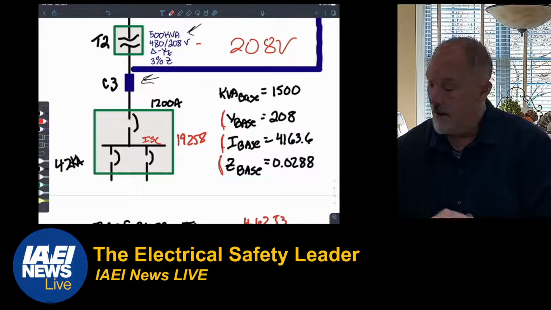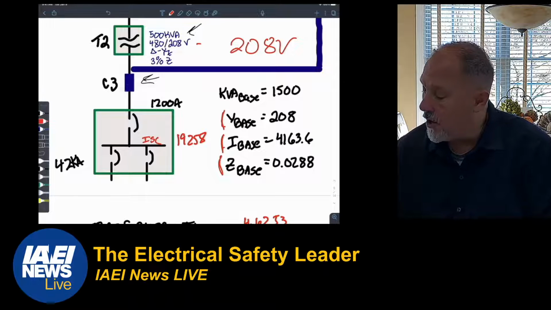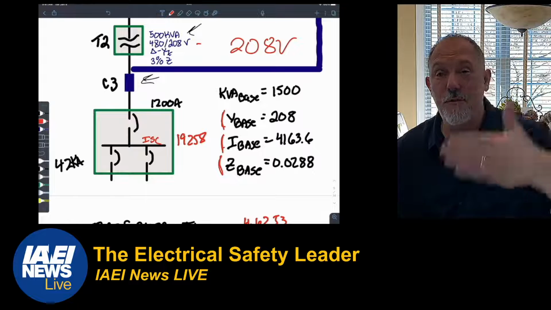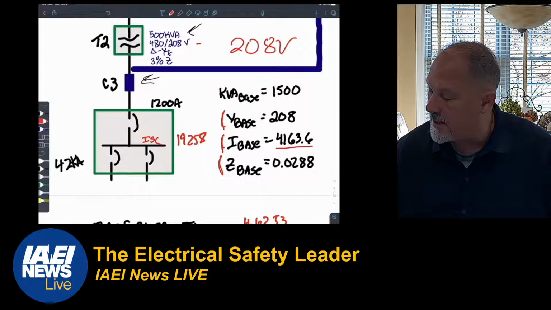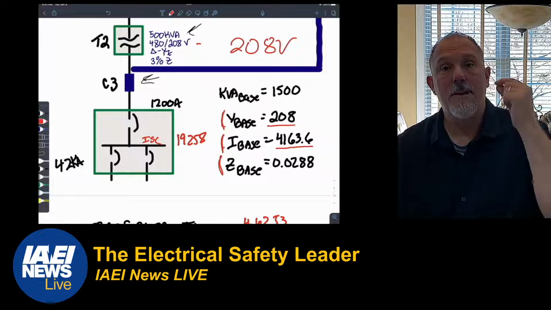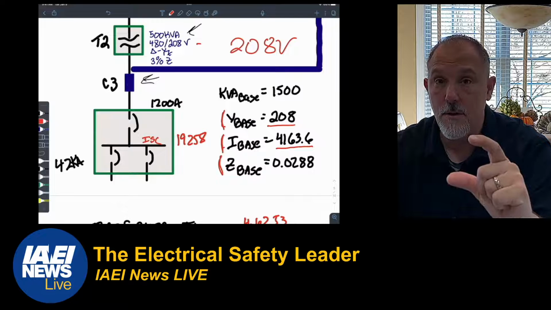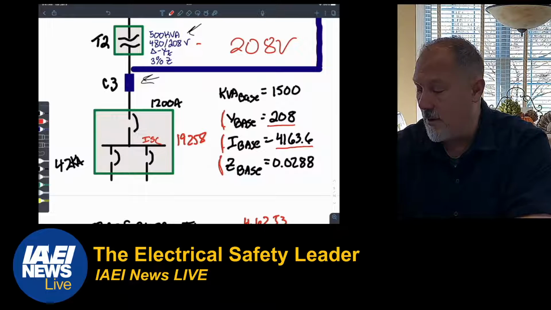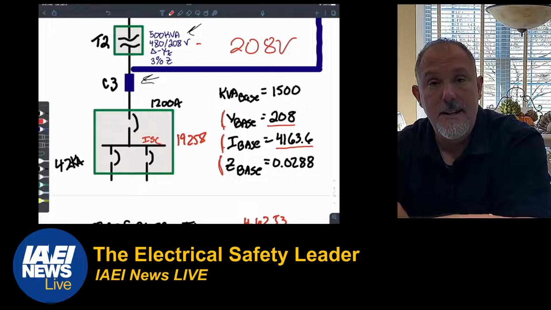Capiche? So my Z base is now 0.0288 because I have a new voltage base and I have a new I base. My I base is 4163.6. My voltage base is 208. And I calculate my Z base by taking voltage line to line divided by the square root of 3 to get the line to neutral, and divide that by 4163.6. That's my new Z base.